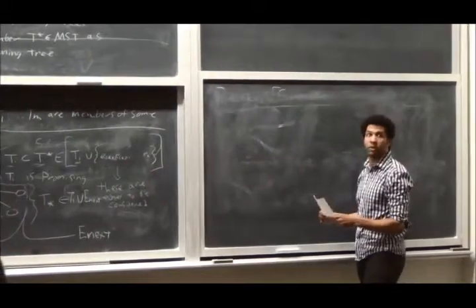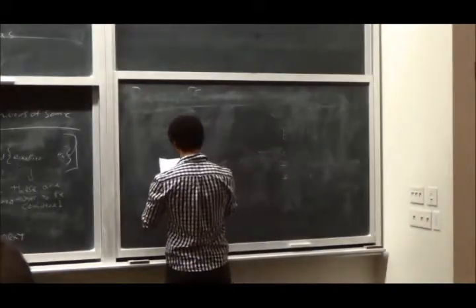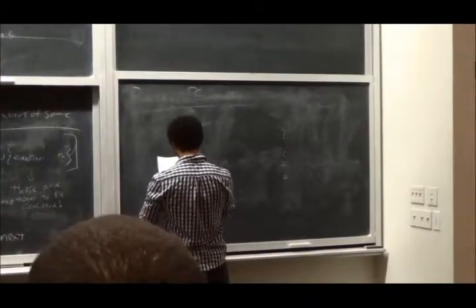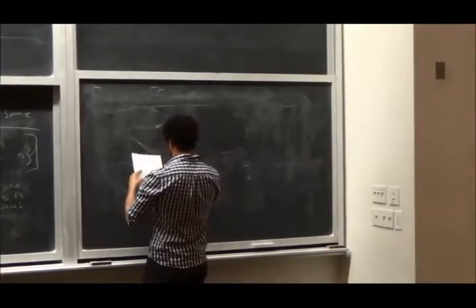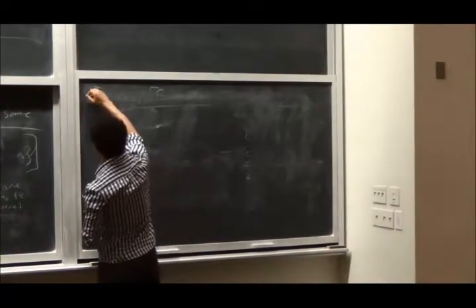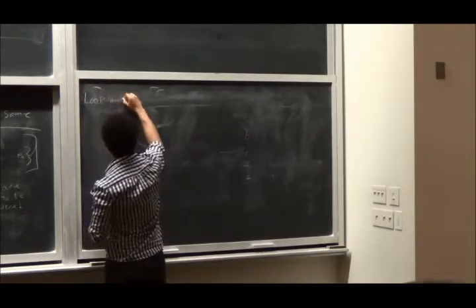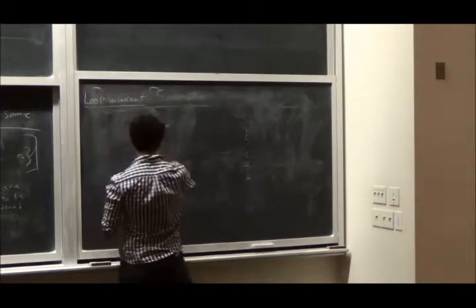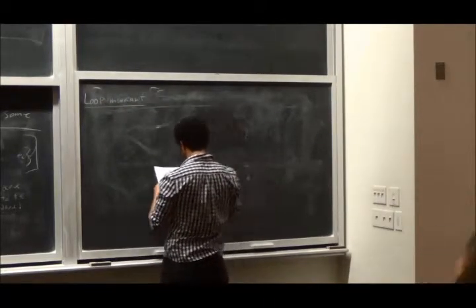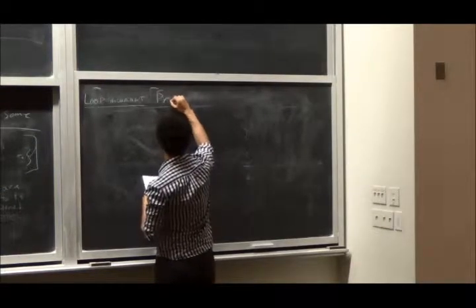That's the goal, or so we think. So let's set up a loop invariant. We're going to say that whatever i we're at is promising.